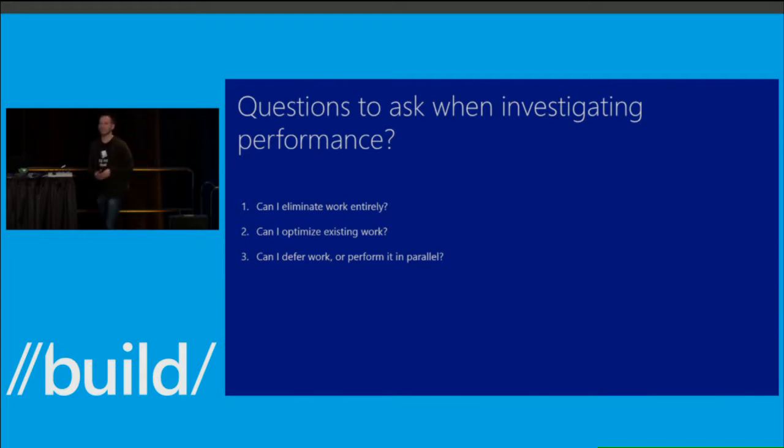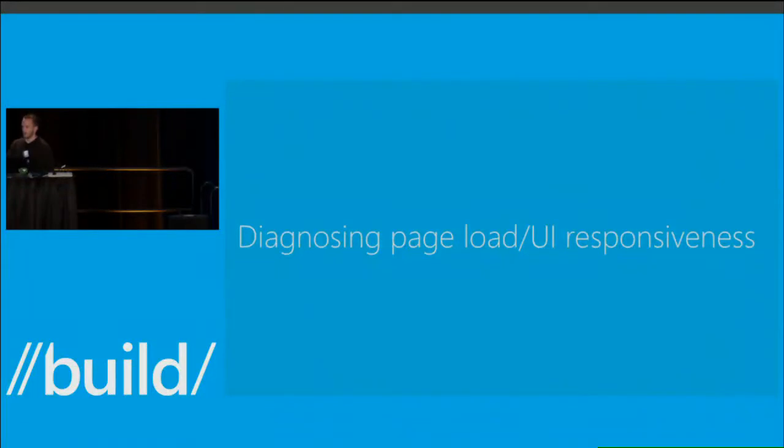Because remember, as I mentioned, you want to get pixels on the screen as fast as possible. You want to have your app respond to the user's interaction as fast as possible. And any work that doesn't contribute to those two goals is superfluous and has to either be totally ripped out or pushed off.